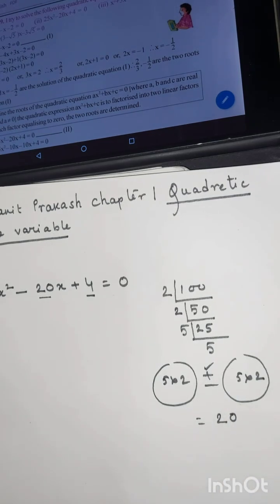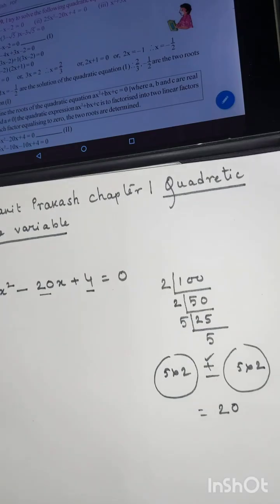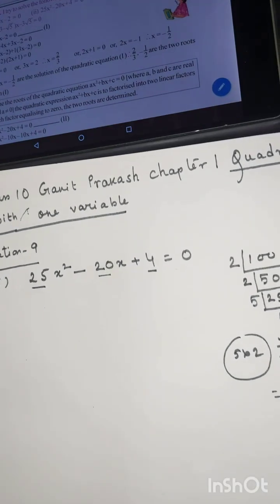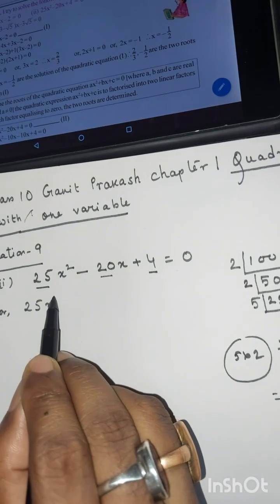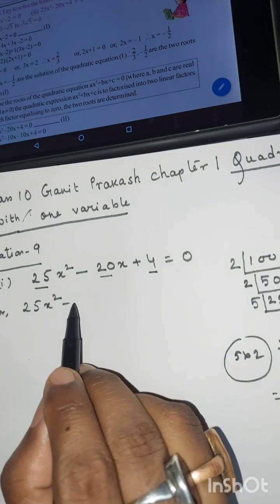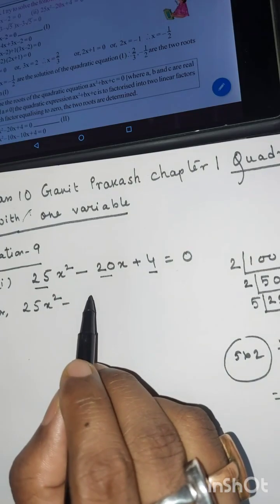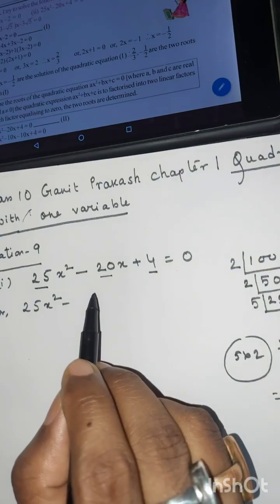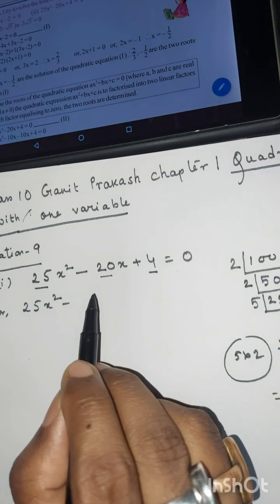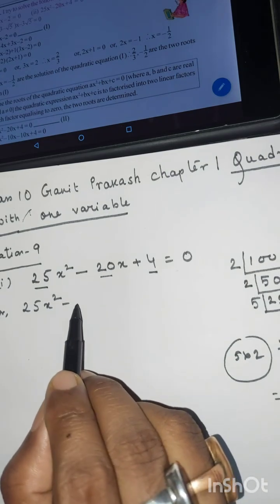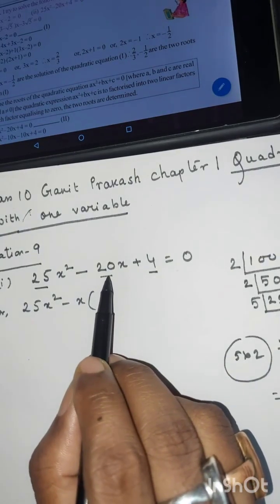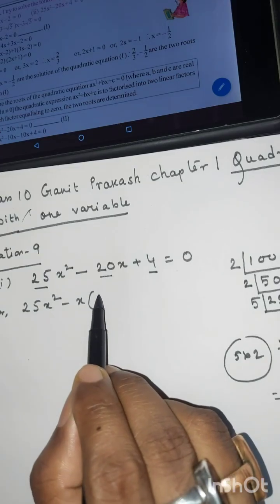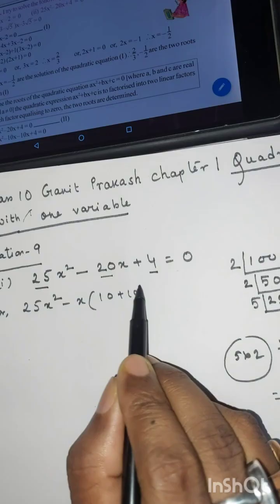So we can break the middle term like this: 10 plus 10. I am writing x before this number, and I am going to break 20 by writing 10 plus 10.